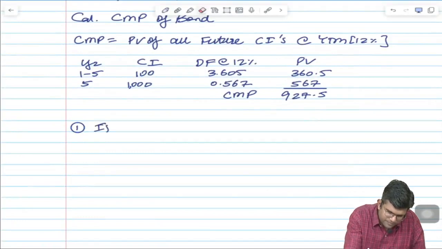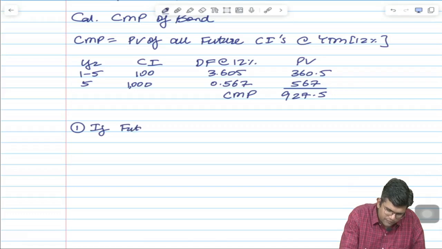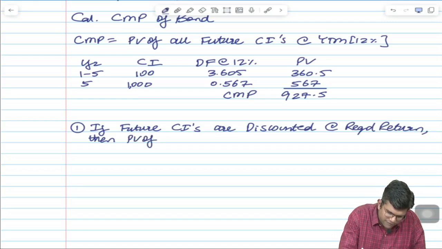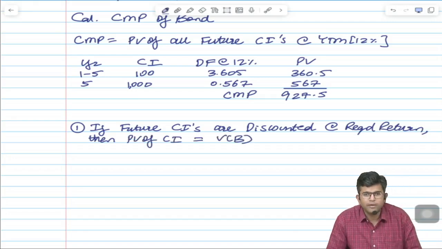If future cash inflows are discounted at the required return, then the PV of cash inflows that you get is the value of the bond.